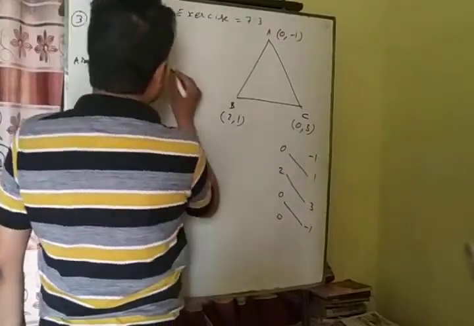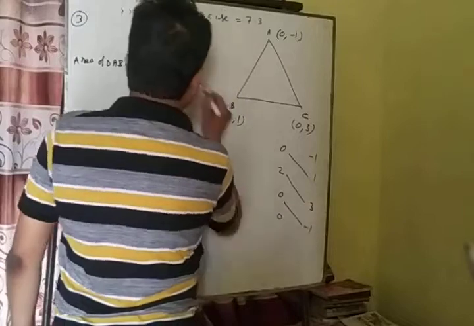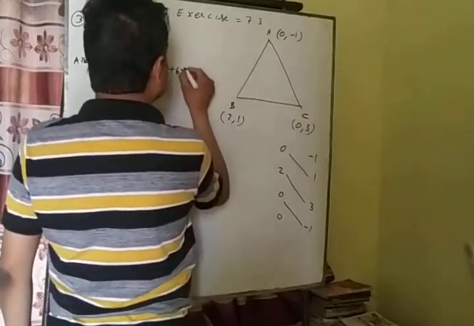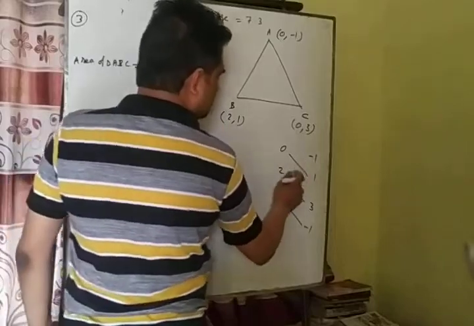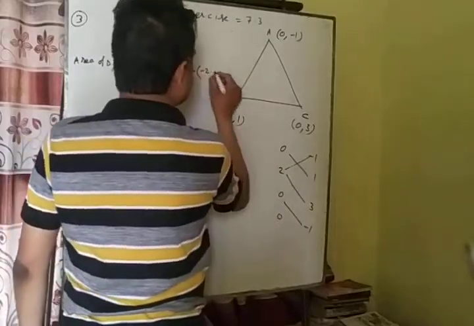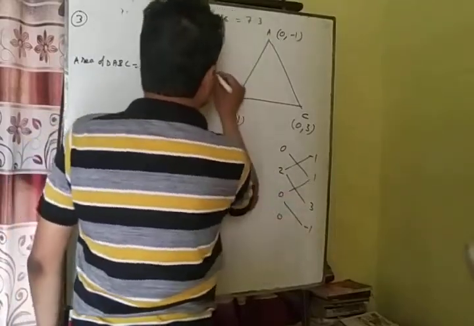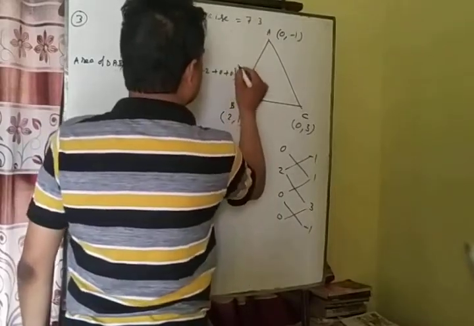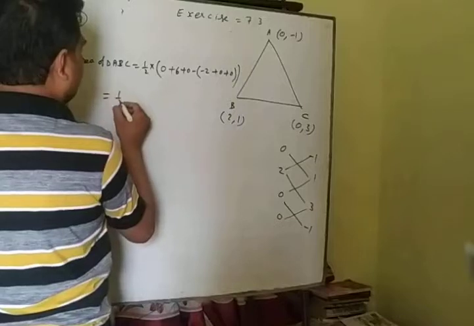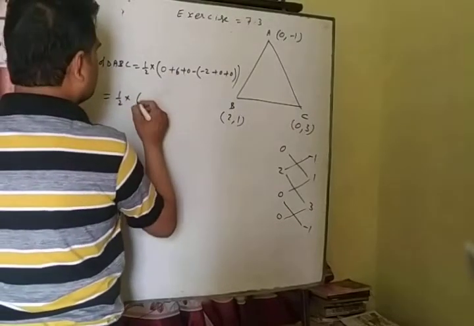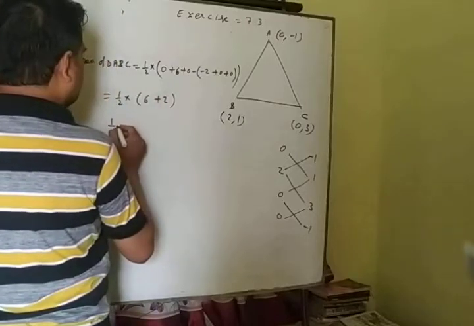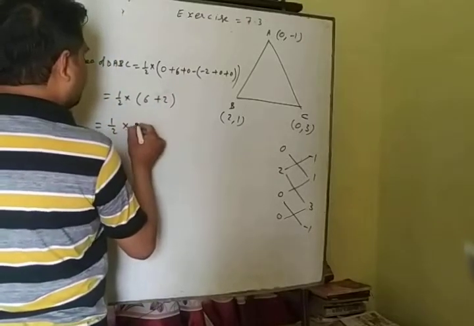0 into 1 is 0, 2 into 3 is 6, 0 into 1 is 0. Minus -2, 0, 0. 1/2 into 6 plus 2, 1/2 into 8.